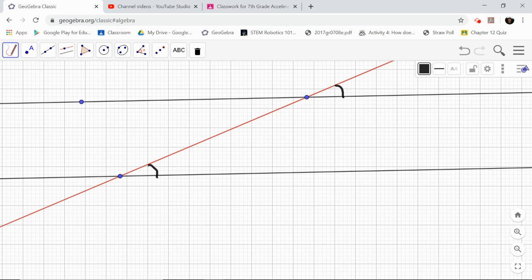They cross the parallel lines in the same way. So these two angles are called corresponding angles, and they are equal. Another set of corresponding angles would be this one here and this one here. The same line is crossing the parallel line, so it forms the same angle there.